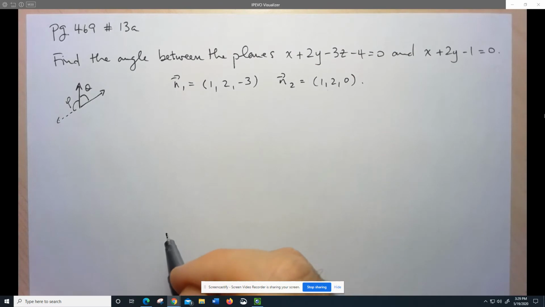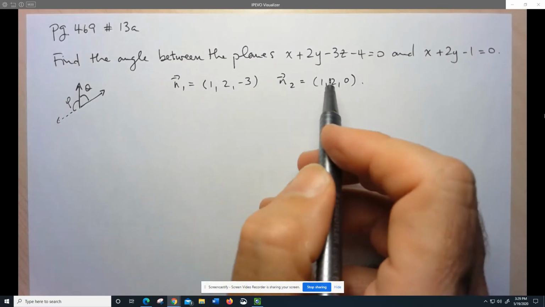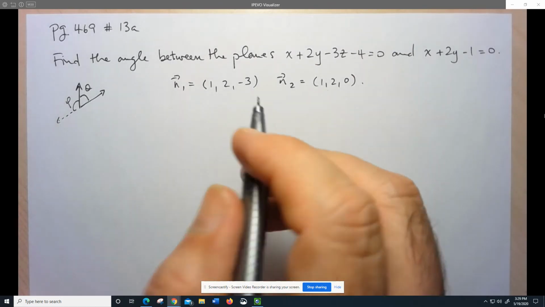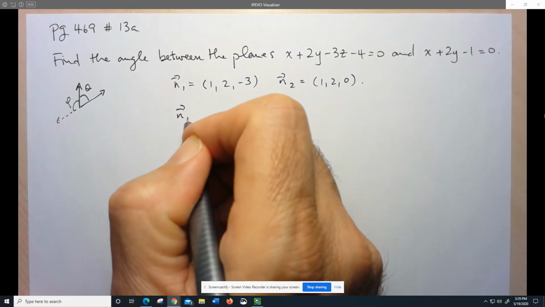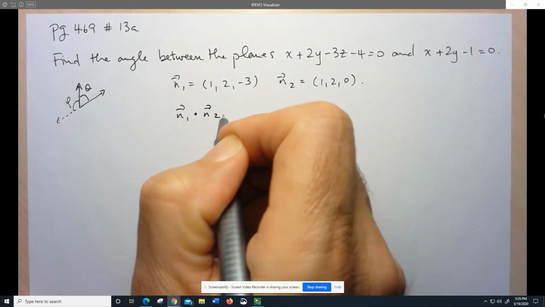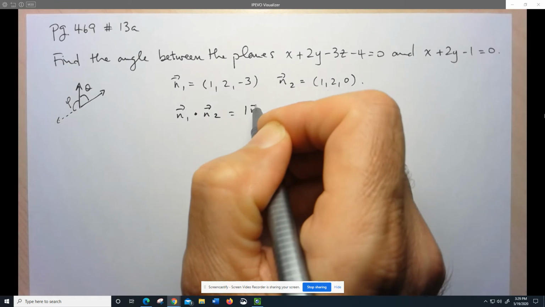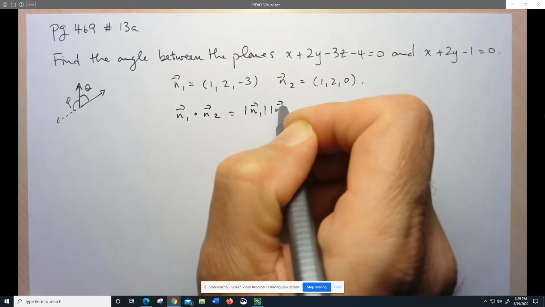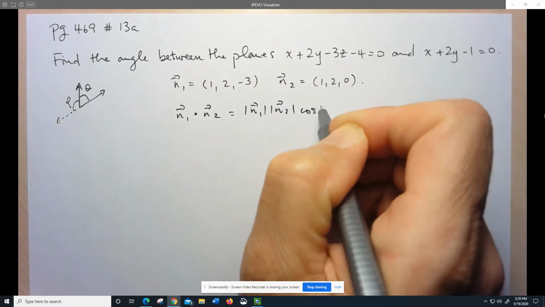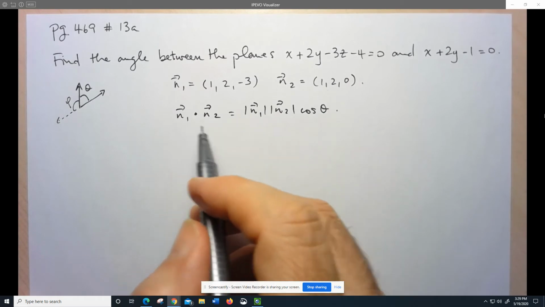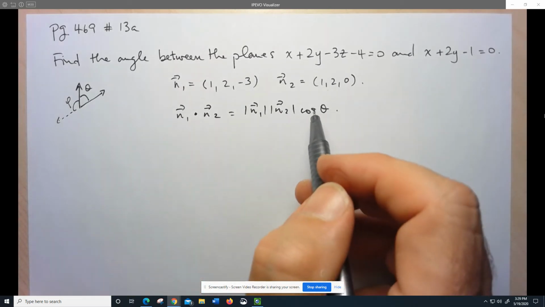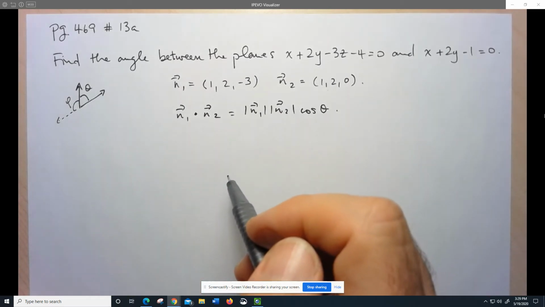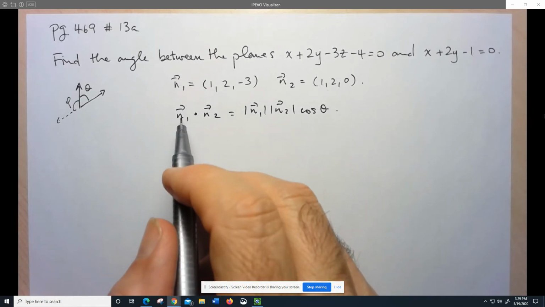In order to find the angle between these two vectors, we just use the dot product. So we do n1 dot n2, and of course that's equal to the magnitude of n1 times the magnitude of n2 times the cosine of the angle between them. We can establish all of these values other than the angle, and that's what we'll solve for. So let's do n1 dot n2.